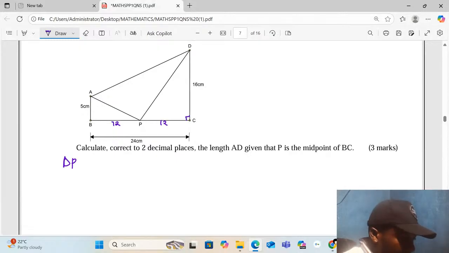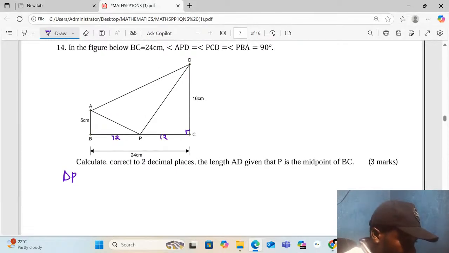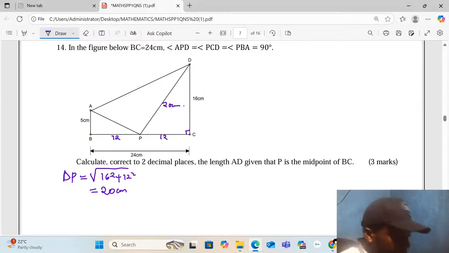We are given that from the instructions. So DP is found using the Pythagoras theorem. DP is the hypotenuse for that triangle. So we have 16 squared plus 12 squared, and the square root of that gives us 20 centimeters. So this one now becomes 20 centimeters.